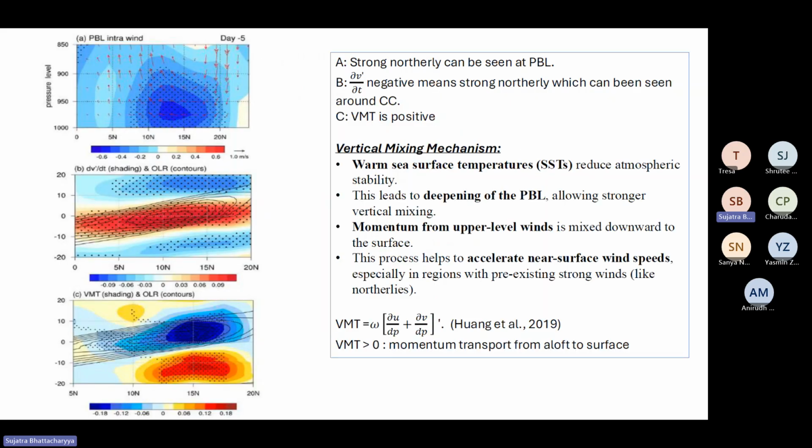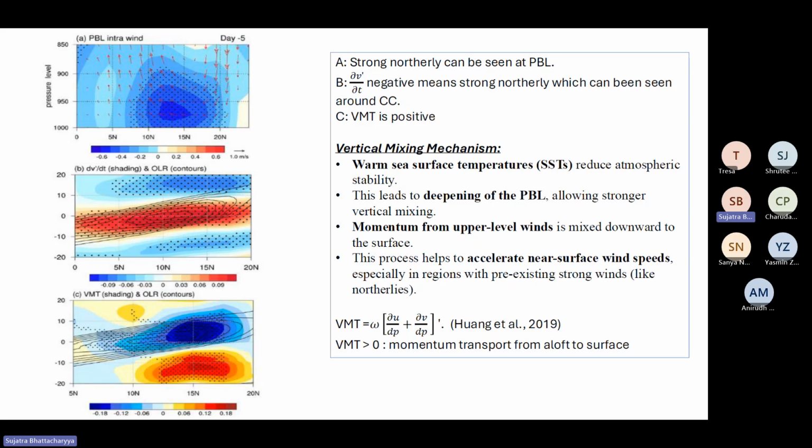Now, what actually happens and how does this lead to the poleward propagation of this convection center? So first, what they found is that the warm SST, which is ahead of the convection center with a lead of around 10 days, destabilizes the atmosphere and deepens the PBL, the planetary boundary layer, along with stronger vertical mixing. Now there is a concept called the vertical mixing mechanism. Due to this, momentum from the upper winds comes to the surface, accelerating the surface winds.